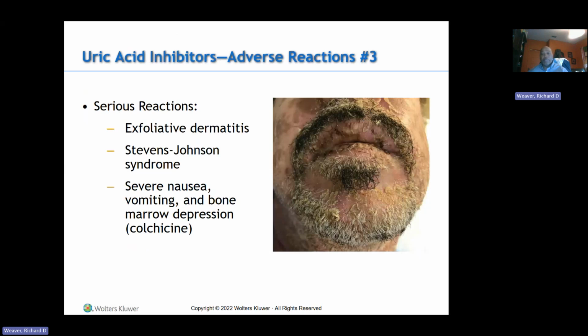And if someone is already on other immunosuppression drugs, giving colchicine can suppress the bone marrow even more, meaning the patient is more open to infection risk and whatnot. So you have to be really careful with some of these drugs being given with other drugs.